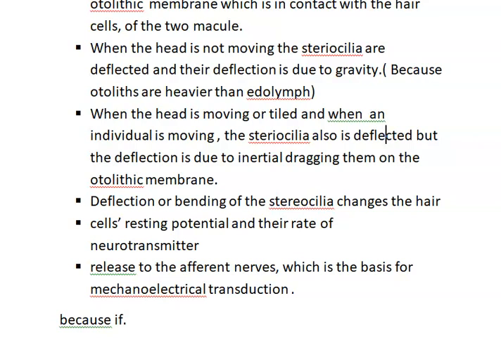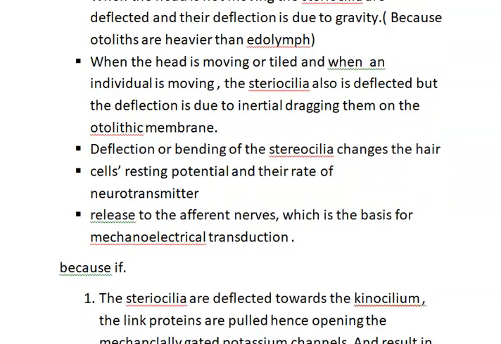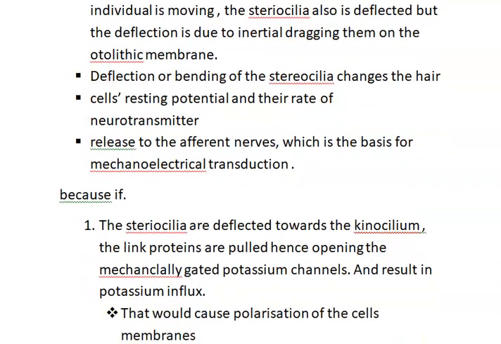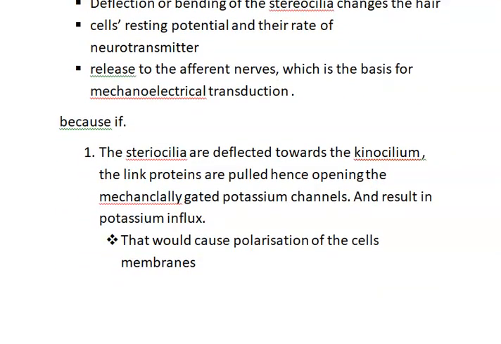That is, this is the basis of the conversion of mechanical energy into energy that will cause action potentials of nerves. How? Because our stereocilia, when they are deflected towards the kinocilium, remember the kinocilium, that modified cilium on the apical surface? Now, when these stereocilia are deflected towards the kinocilium, what will happen?